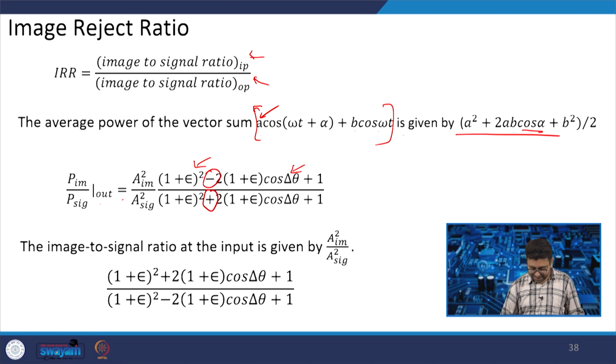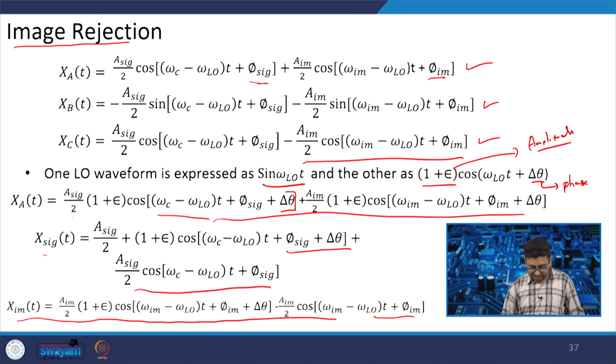This positive and negative is coming because the image has a negative and this has a positive. It is A_signal by 2 (1 plus epsilon) cos((omega_c minus omega_LO) t). Here the change in the amplitude is given by 1 plus epsilon, and delta theta is the phase difference.